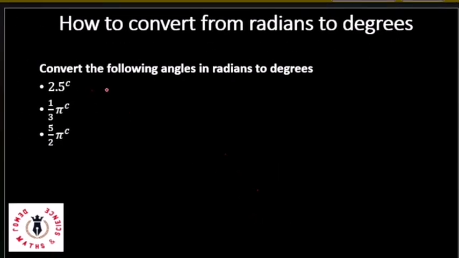Let's see the second question. For the second question, I have 1/3 pi radians to be converted from radians to degrees. Now remember that we have said that 1 radian is equal to 180 over pi.